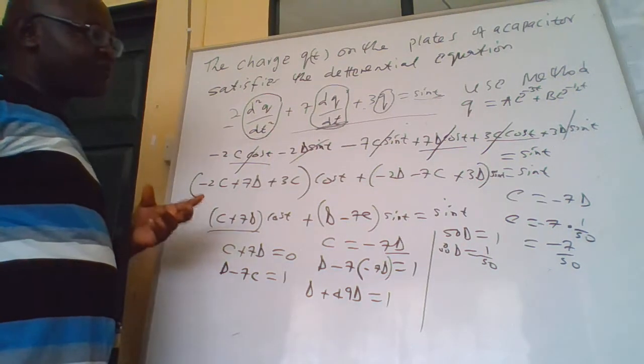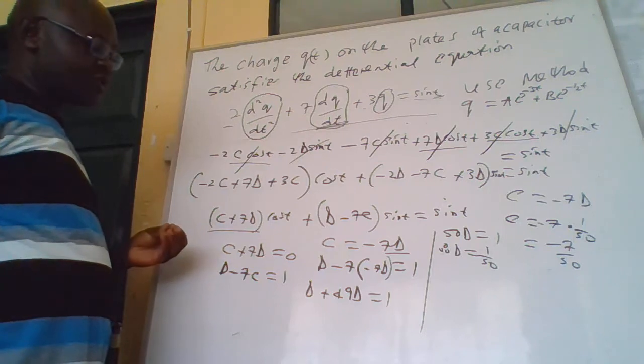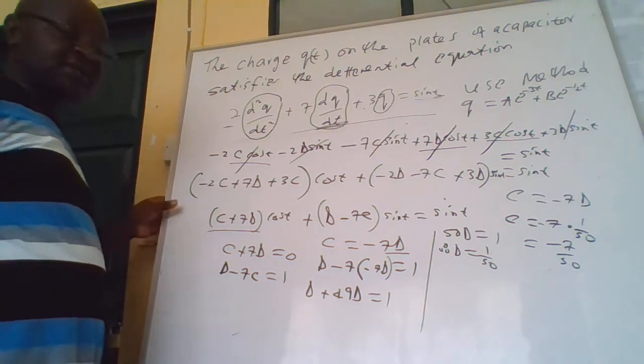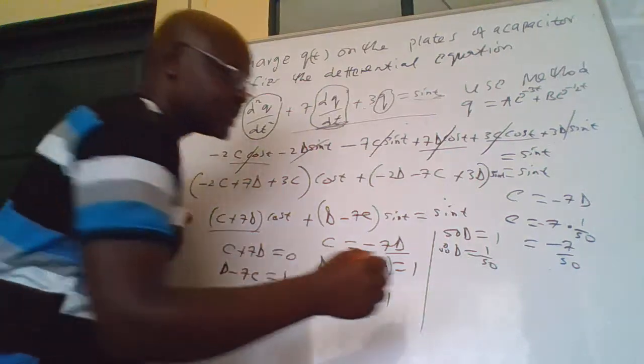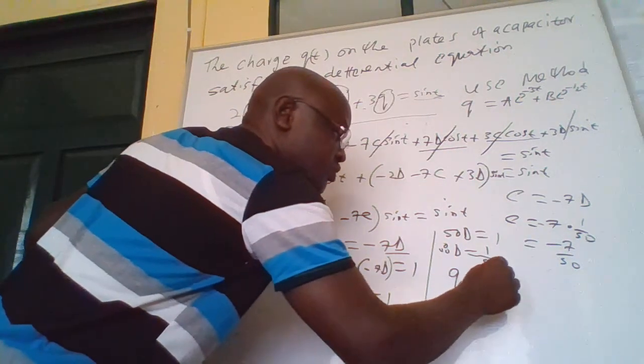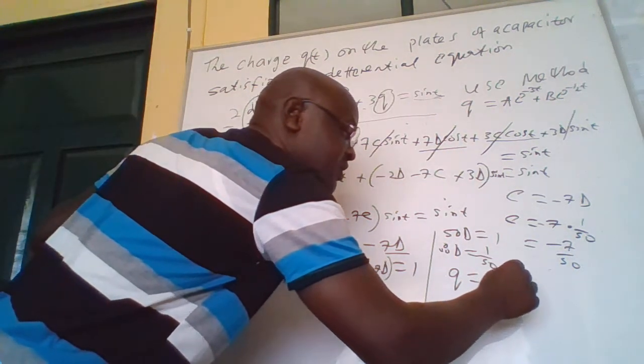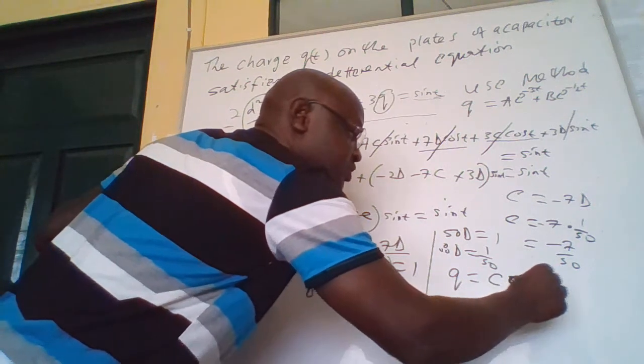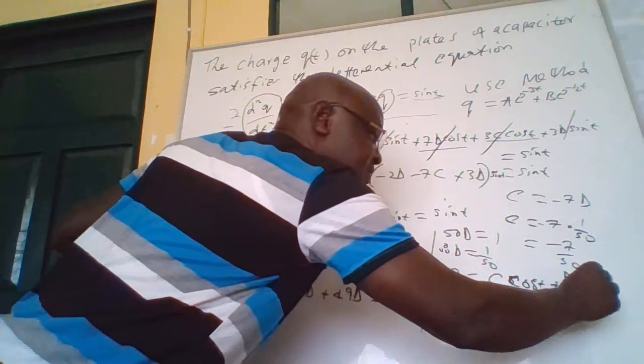So once we have the value of C and the value of D, therefore our particular integral, remember our particular integral was Q equals C cos t plus D sin t.